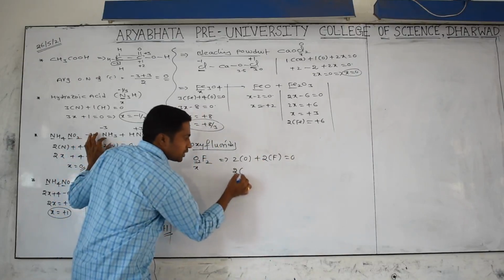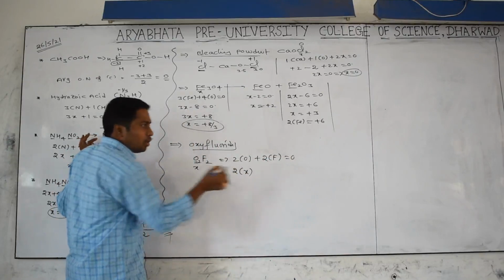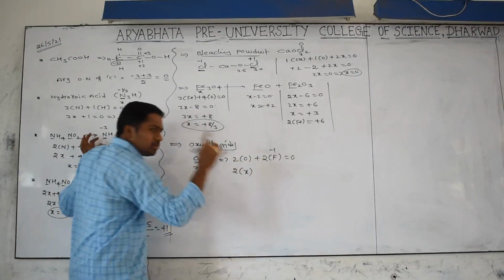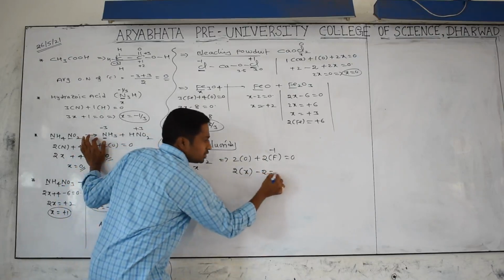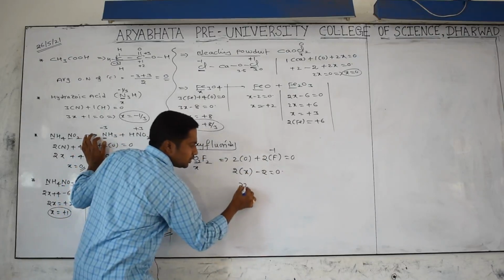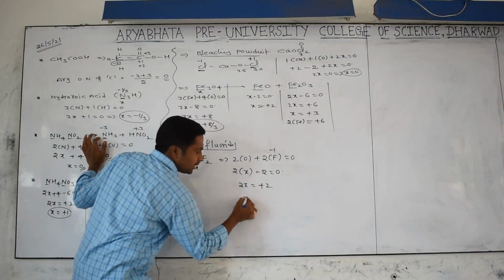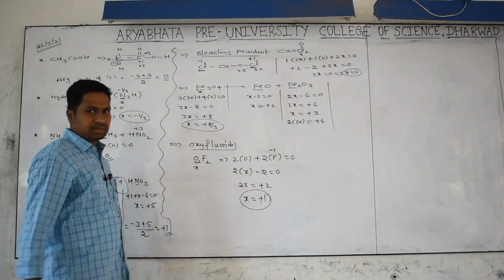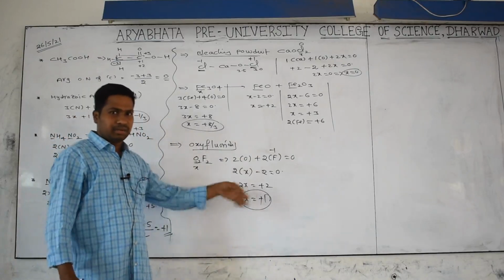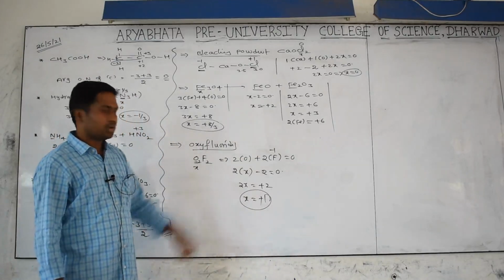Each oxygen atom is taken as x. Always fluorine exhibits which oxidation number? Minus 1 in any compound. Then 2x minus 2 is equal to 0, then 2x is equal to plus 2, then x is equal to plus 1. I think yesterday I wrote it as minus 1. Once you check whether I wrote plus 1 or minus 1, go through the concept.